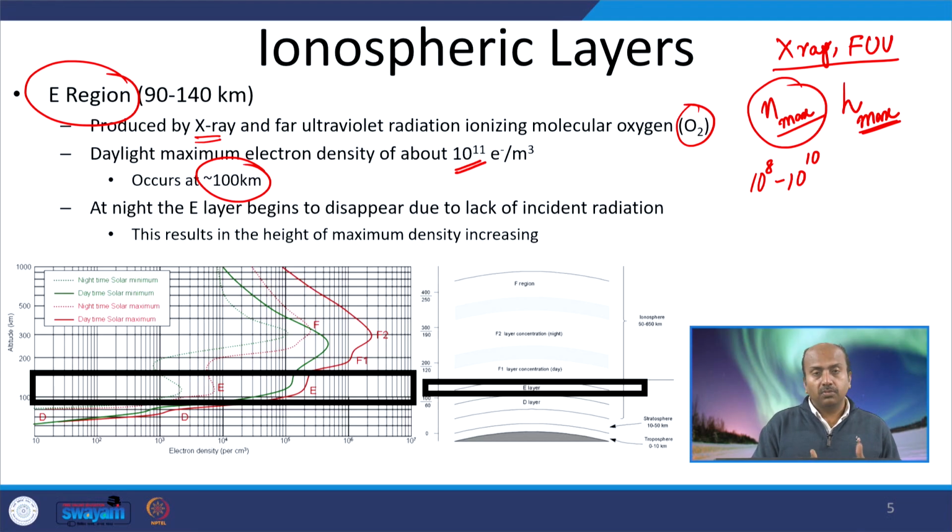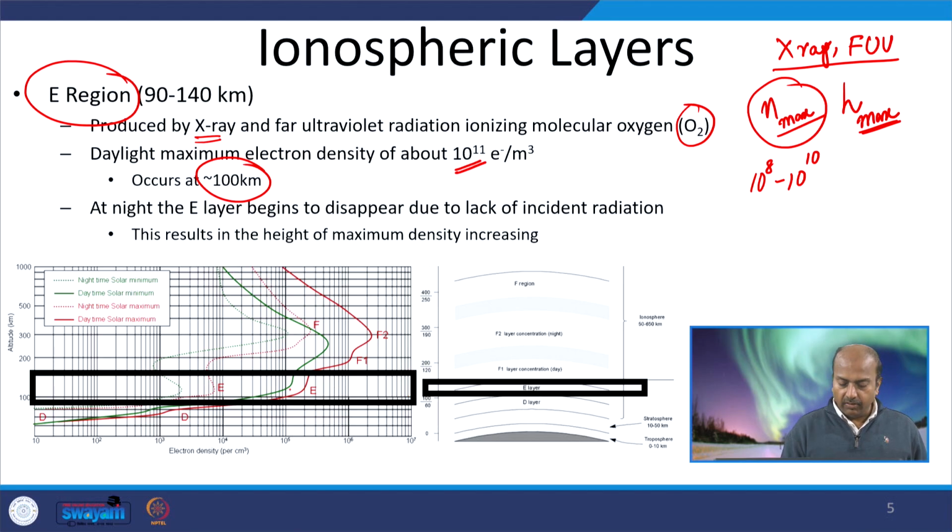In the bottommost part, it of course disappears, but here you see this figure, electron density on a logarithmic plot on the x axis and the altitude on the y axis. The black box is the E layer, right. So, it has a distinct peak at 100 kilometers, and during the night time, the strength of E layer significantly decreases, which is also seen from this figure.